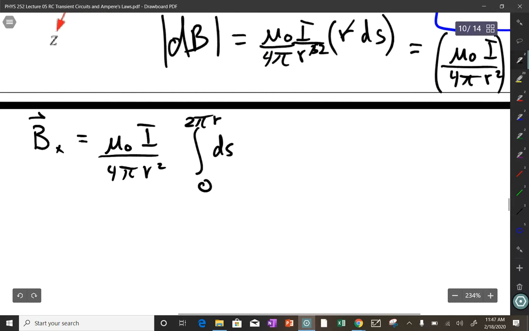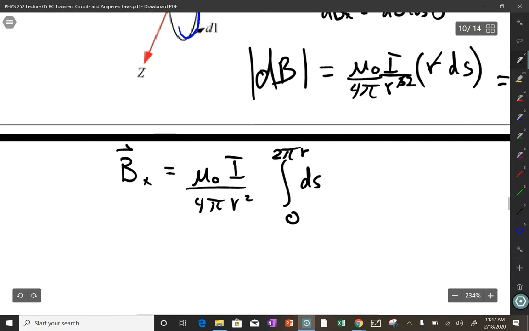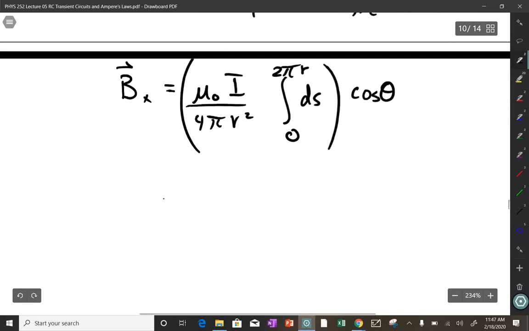But we can't forget the cosine theta, though. So we're going from 0 to 2 pi r. If we integrate ds from 0 to 2 pi r, that gives you s, which is 2 pi r. And so if we put this all together, that's going to be mu naught I over 2 r.